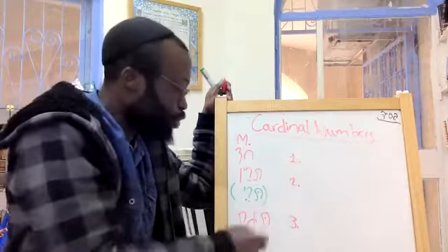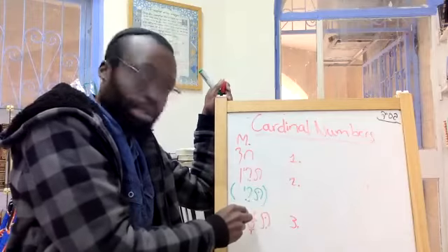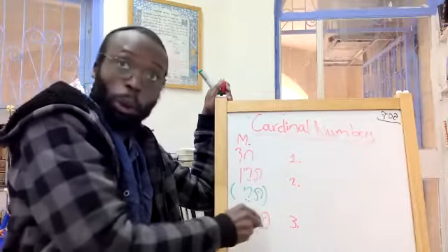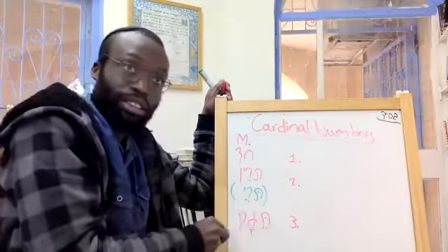So if you just change that, it would be shin, lamed, shin, right? Shalosh. Here it's telat. Three.